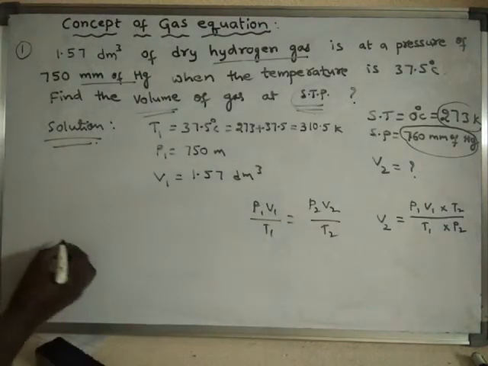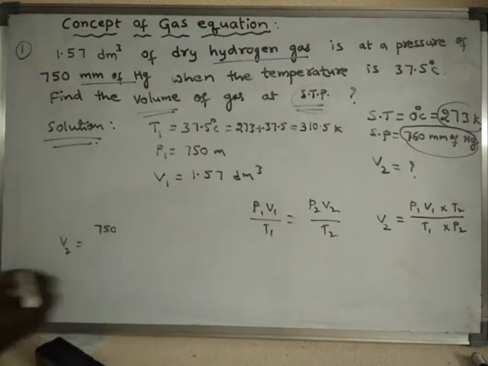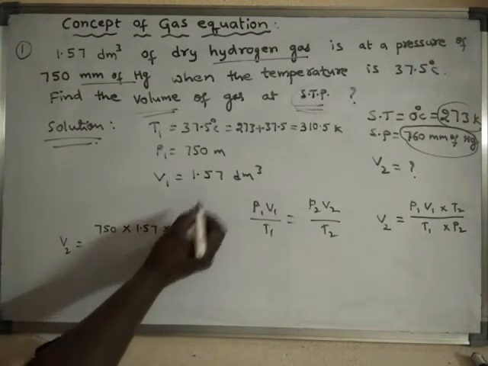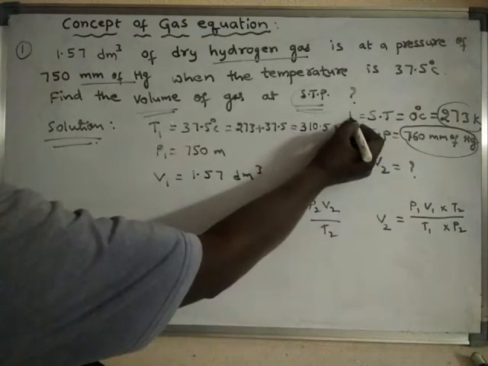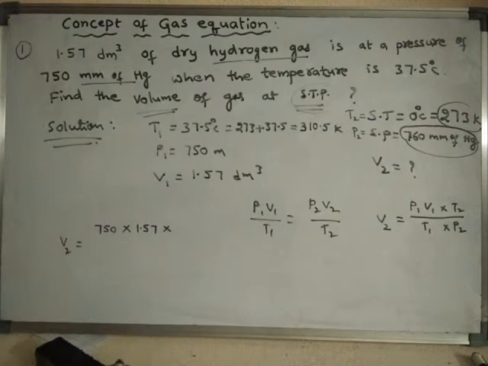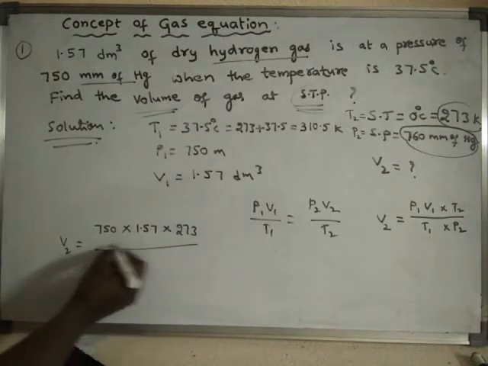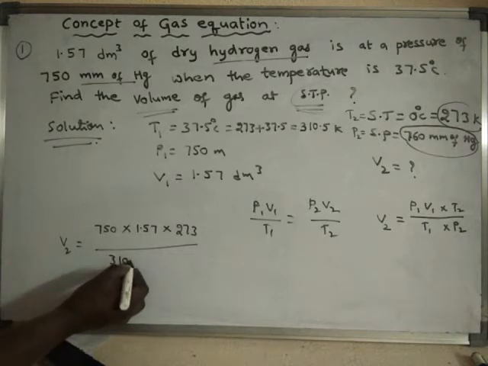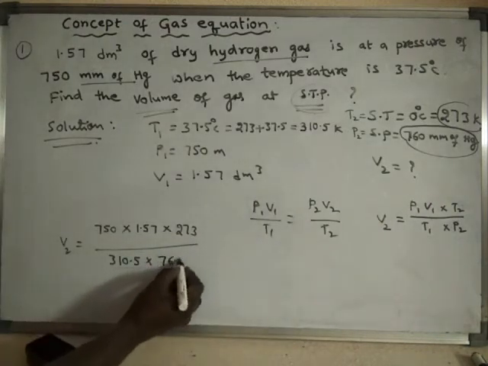So V2 is equal to how much? P1 is 750 millimeters of mercury, into V1, which is 1.57 decimeter cube, into T2. T2 is the standard temperature, and P2 is the standard pressure. So T2 is 273, divided by T1, which is 310.5, into P2, which is 760.